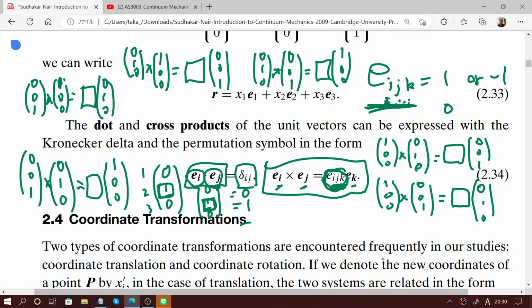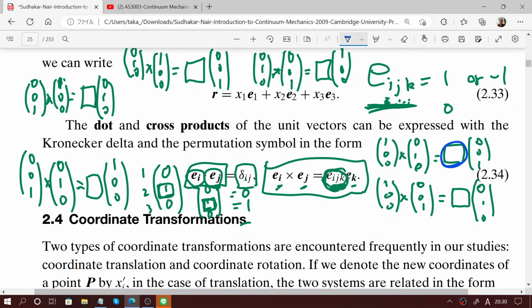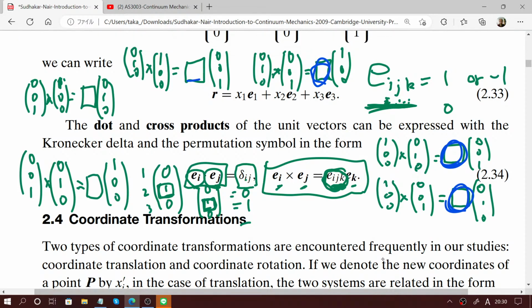And this something, what I call the something, is epsilon IJK.